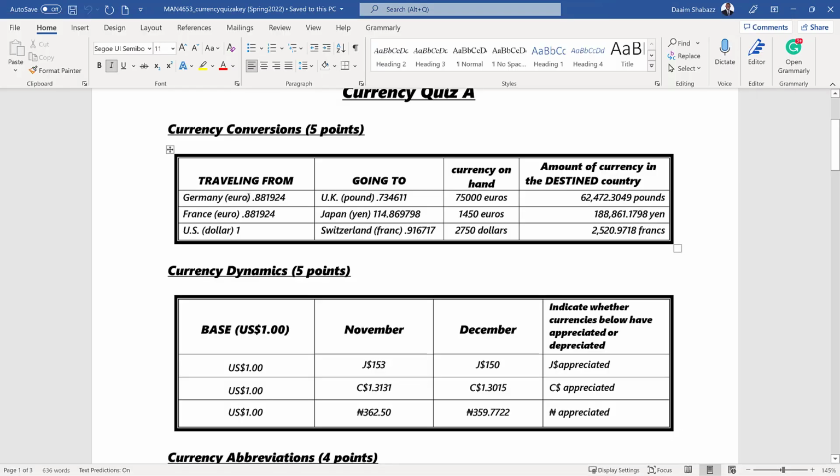And so if we look at this problem, I have taken the dollar equivalent of the euro and the dollar equivalent of the pound.